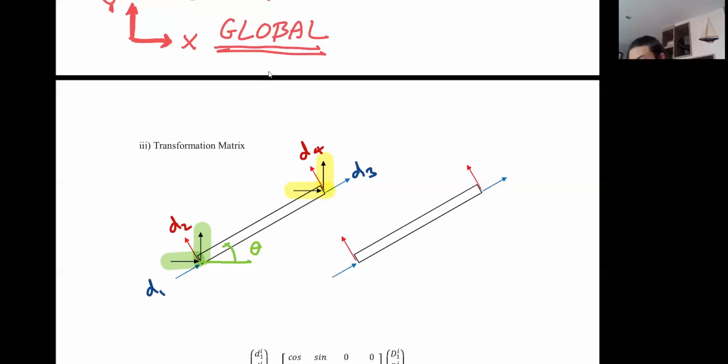Okay. And in the global one, let me use black so that the colors are the same as this. This is going to be D1, the capital D1, so that you know it's in global. That's D2. That's D3, and then that's D4.